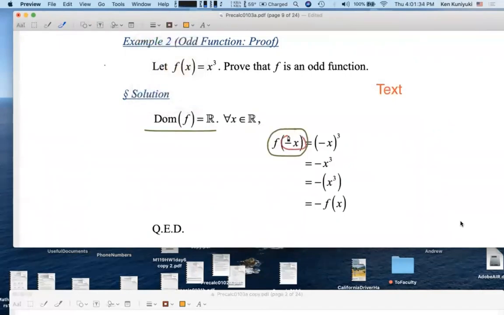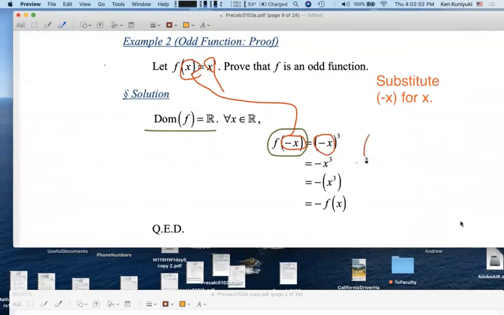What happens when we substitute or plug in the opposite of x, or negative x, for x? So we're cubing, not x, but the opposite of x. Now the cube of the opposite of x is the opposite of the cube of x, right? Basically the cube of -1 is -1. And then the cube of x is x cubed.